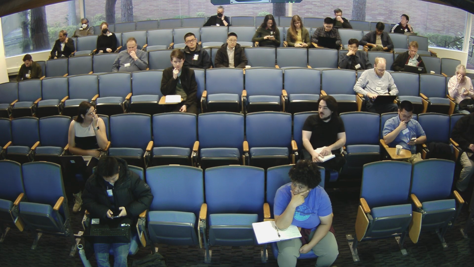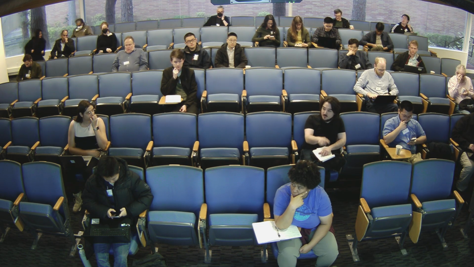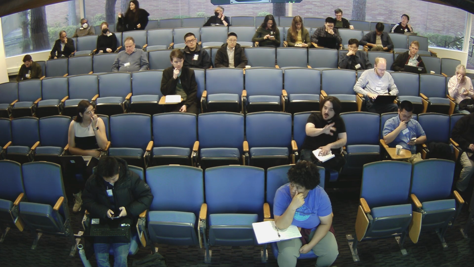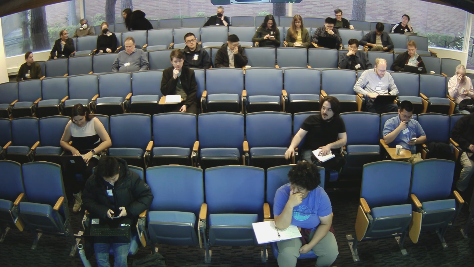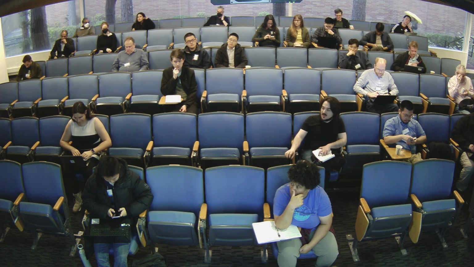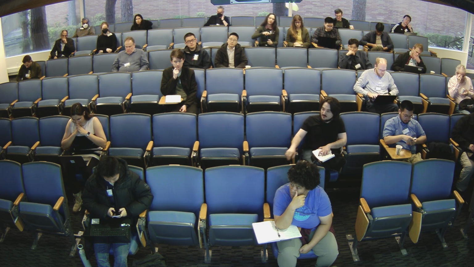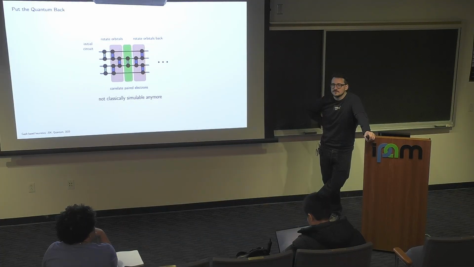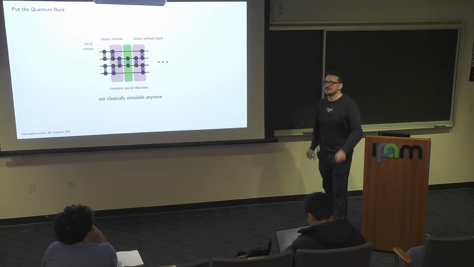So realistically, you might need to be able to do these interspersed rotations and correlations, and at this point you're going to dig into why we need actual quantum computers to solve this kind of thing. Is that right? Yeah, I think that sums it up quite nicely.